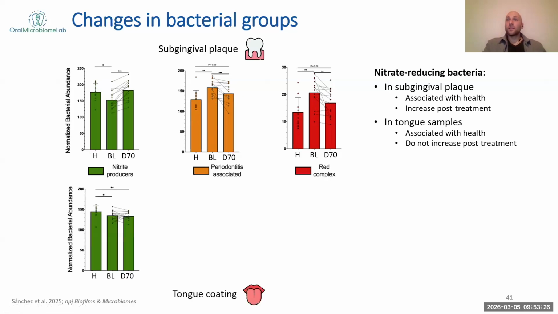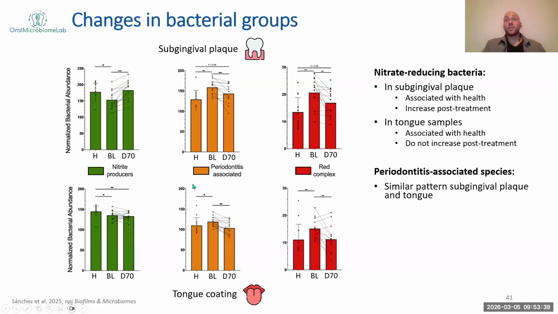Then we looked at the tongue samples and saw that the nitrate-reducing bacteria were health-associated, but they did not increase after periodontal treatment. The disease-associated bacteria followed a similar pattern on the tongue as in subgingival plaque, being higher in periodontitis and decreasing after periodontal treatment.